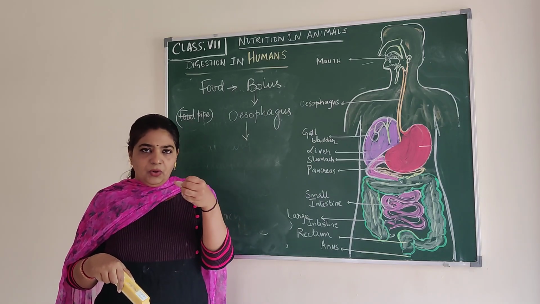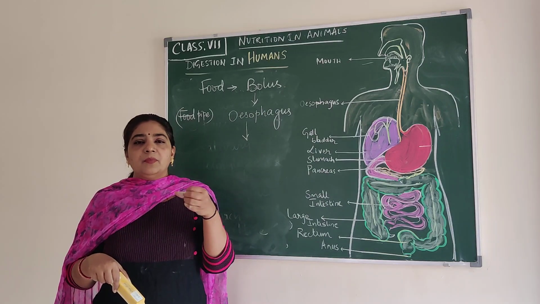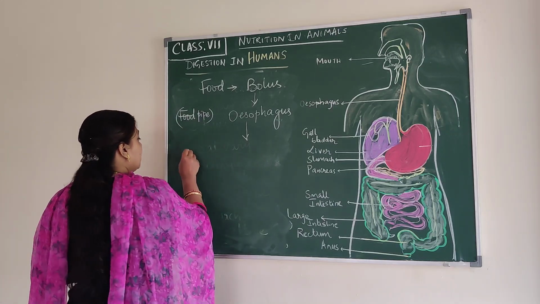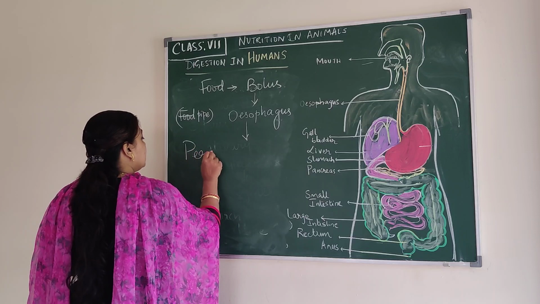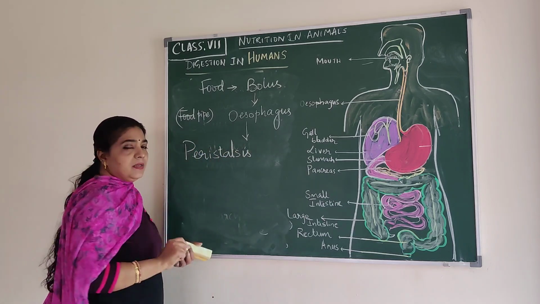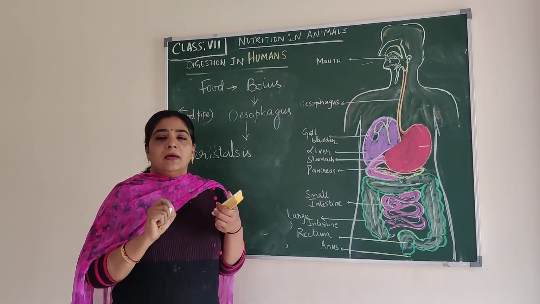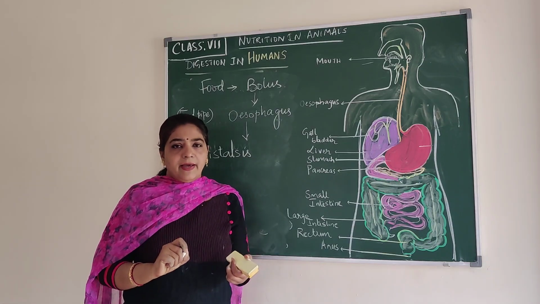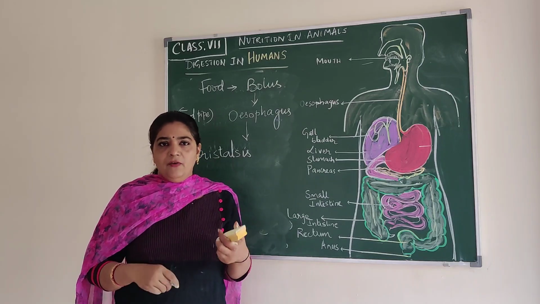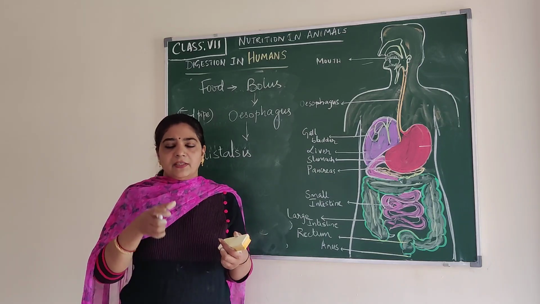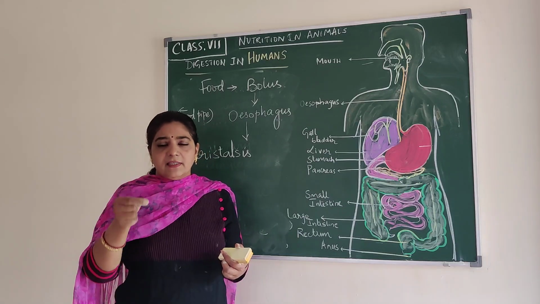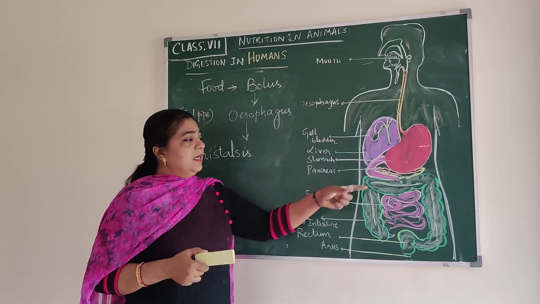It will undergo a rhythmic movement called peristalsis. What is peristalsis? Peristalsis is the alternate contraction and relaxation movement. One contraction and one relaxation. It will contract, relax, contract and relax, and the food will reach the stomach.